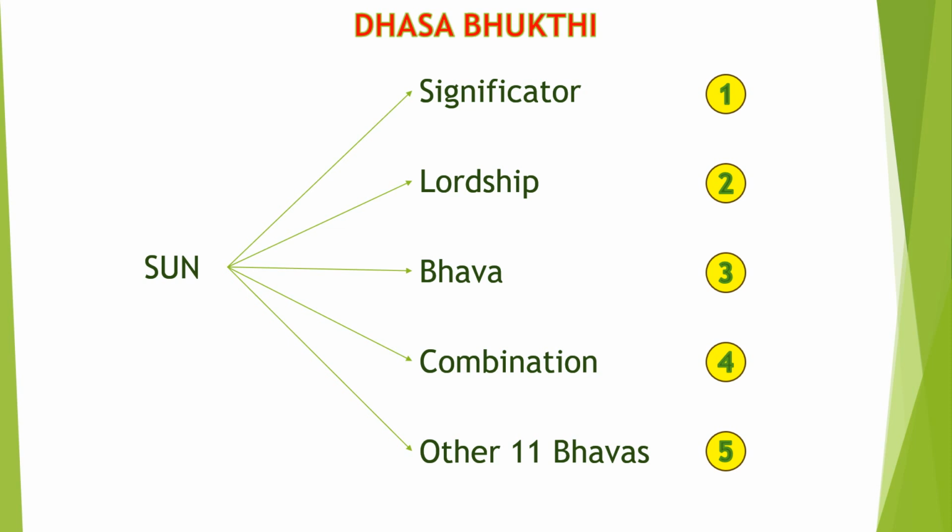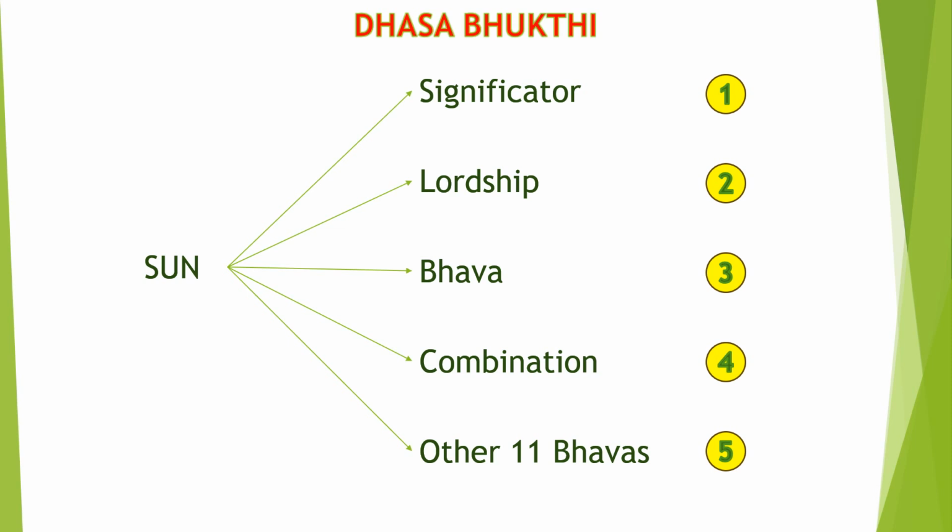And the next is the combination of the Dasalord. So the combination of the Dasalord will decide whether it is going to be a benefic or a malefic. So here the combination, if the Sun has the combination of Saturn, then what happens is the total benefits of the Sun might become negative to that person.